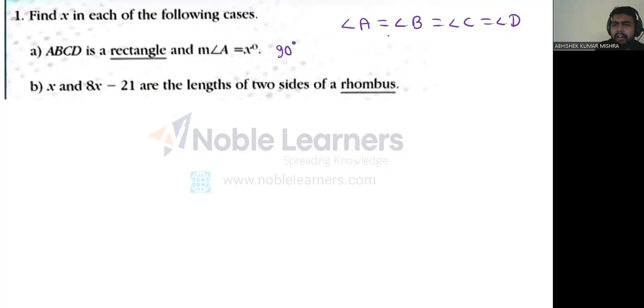All are equal, and let us take that as x. So we are going to add all the angles: angle A plus angle B plus angle C plus angle D is equal to 360 degrees.